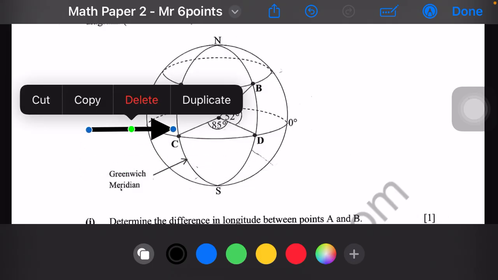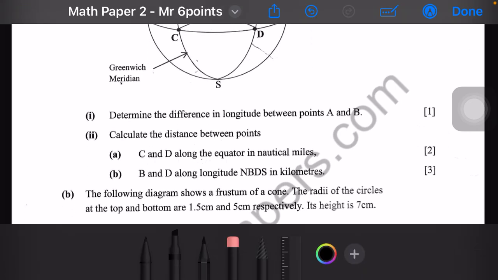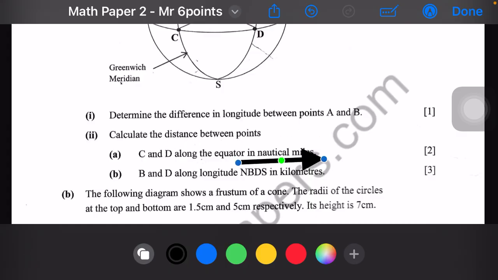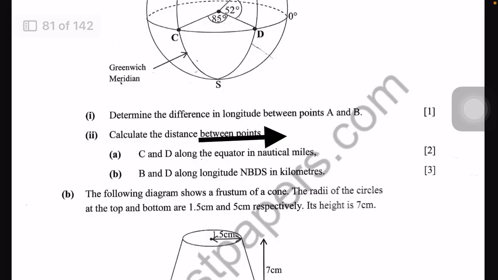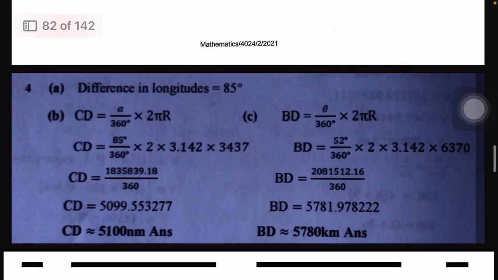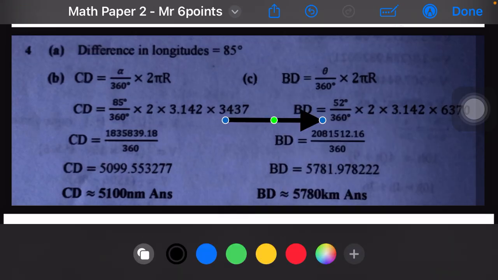So we move on to the next question, 2K. I've been told to calculate the distance between the points C and D. At this point and this point, like I said, you just use the formula for when the longitudes are the same. So when finding the distance between C and D, this is the formula for when the longitudes are the same.